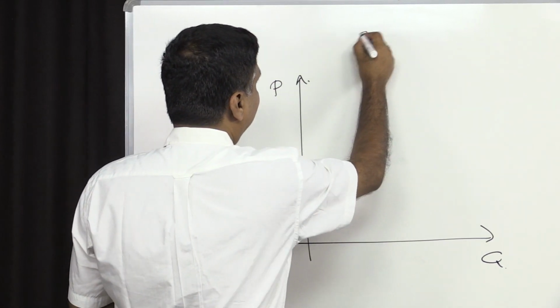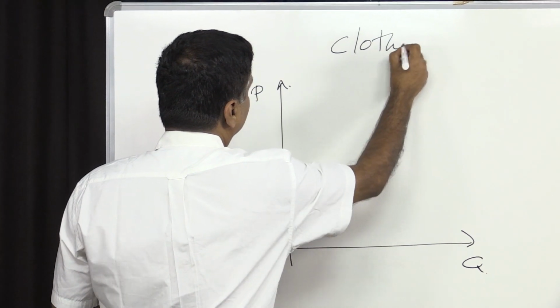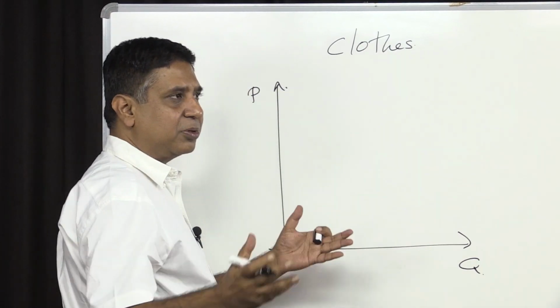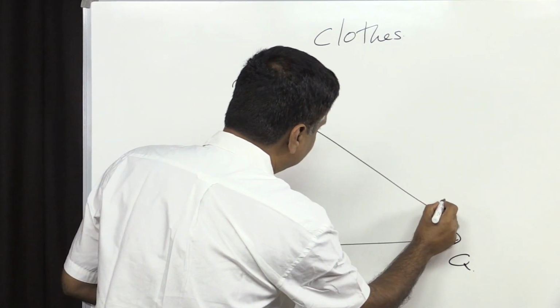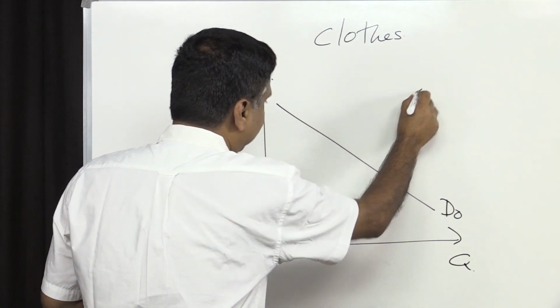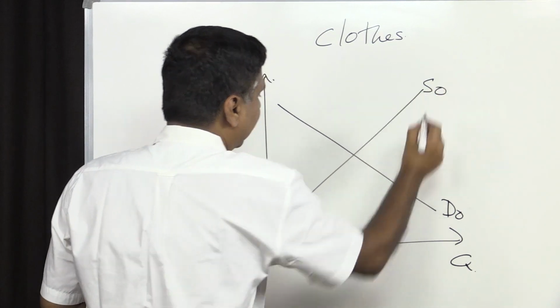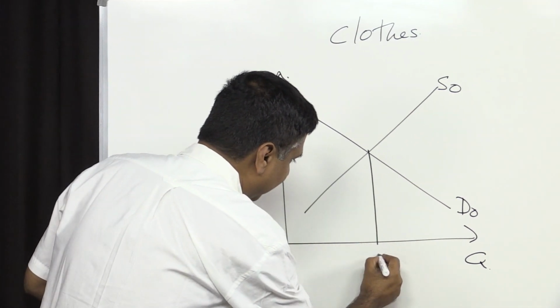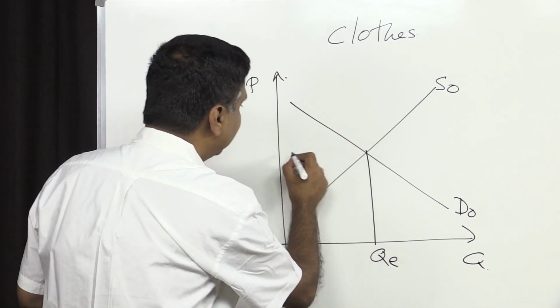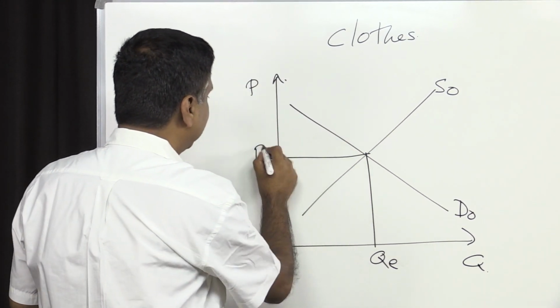And this is the market for clothes around October this year. So here is the demand curve and here is the supply curve. And with a normal monsoon, you would expect the quantity to be QE and the price to be PE.